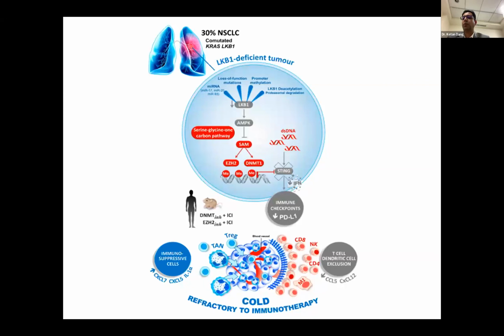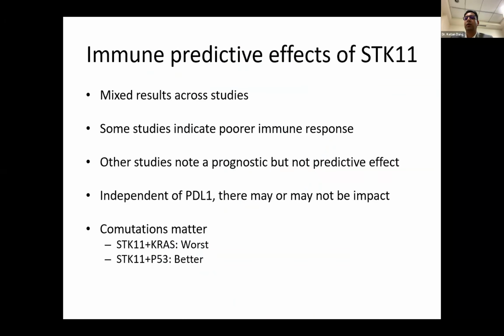So the point to highlight is that with this mutation, the tumor is a cold one, it is refractory to immunotherapy. So in this specific mutation, the use of anti-PDL1 agents is not recommended because we don't expect great response. Regarding the predictive effects of STK11, there are mixed results across studies.